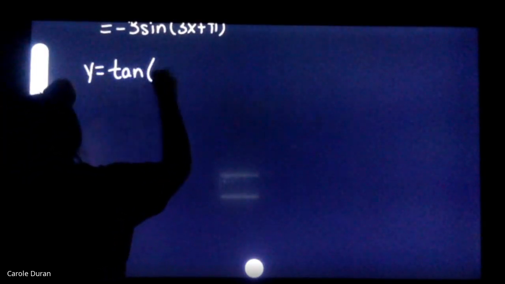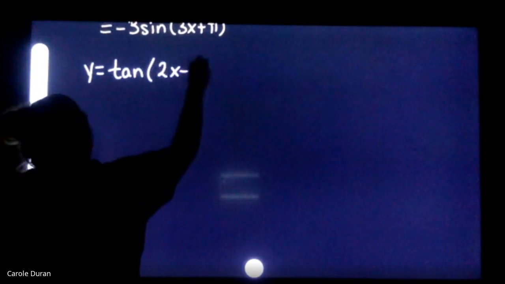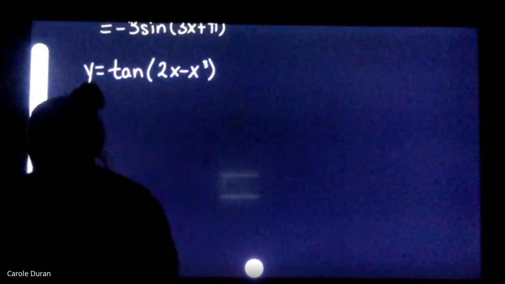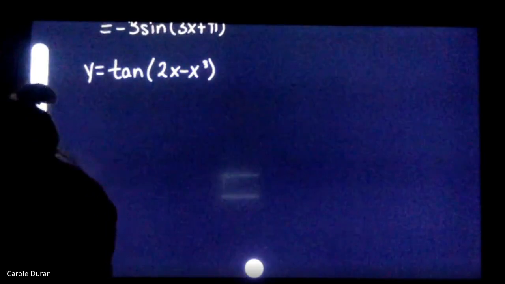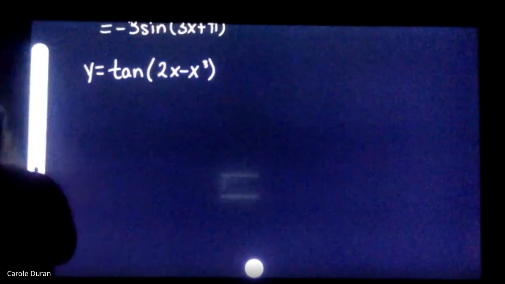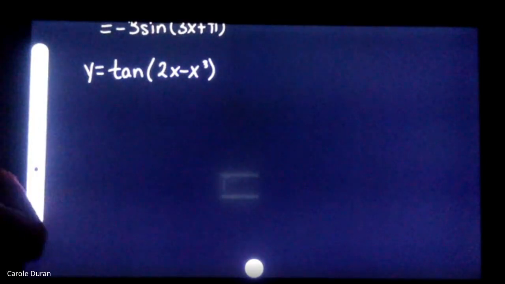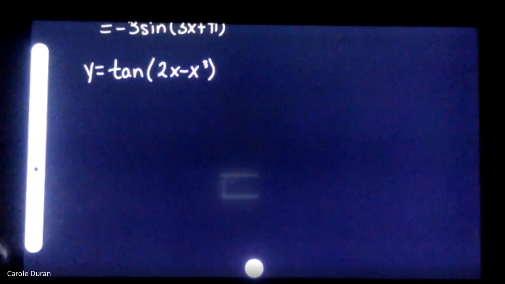My next function is y equals tangent of 2x minus x cubed. You are more than welcome to do the inside-outside thing again. I'm just going to go ahead and do it straight across.